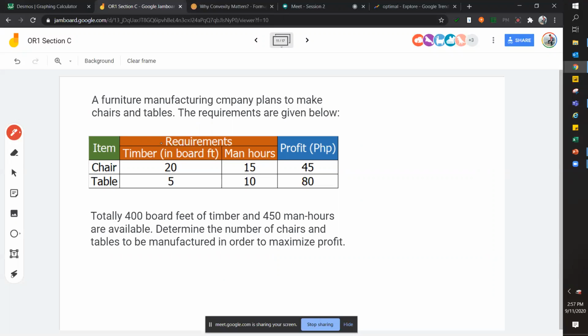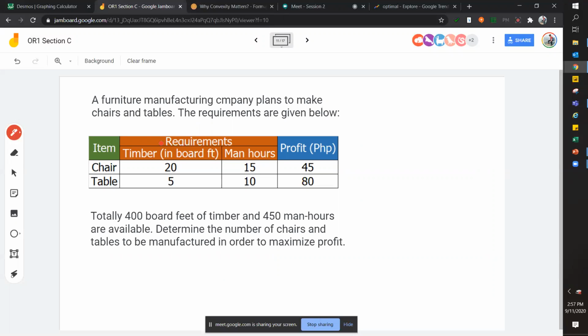Let's say, for example, a certain company producing chairs and tables has the following requirements. A chair needs 20 board feet of timber, and a table, 5 board feet of timber, and then 15 and 10 hours.